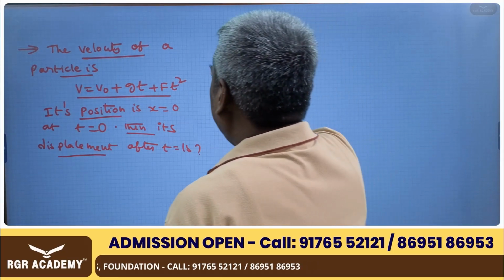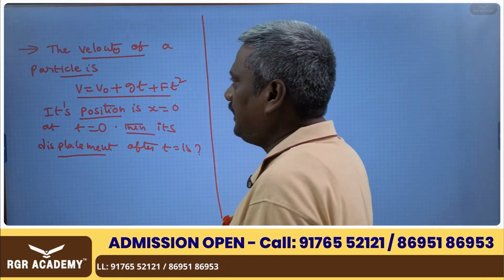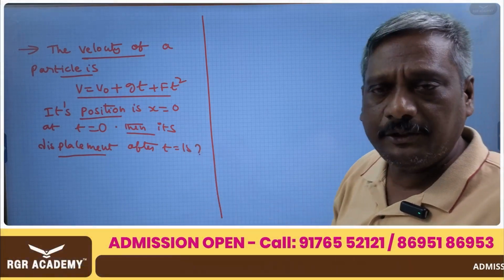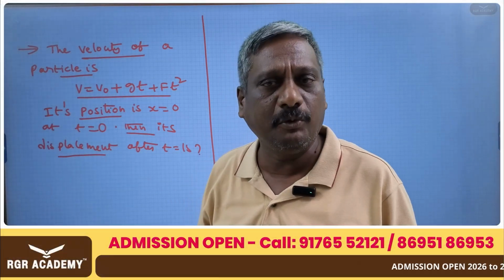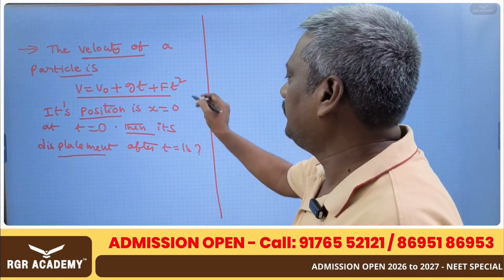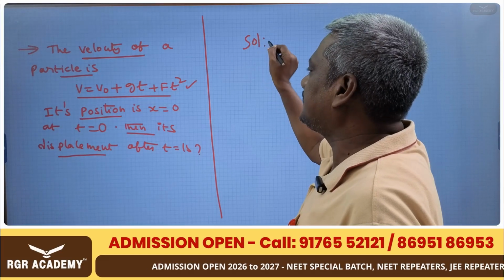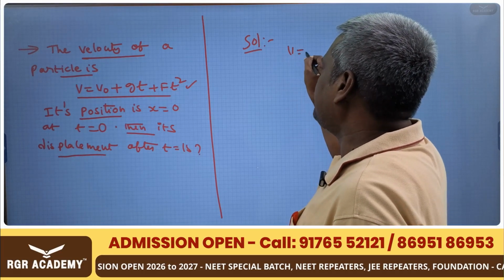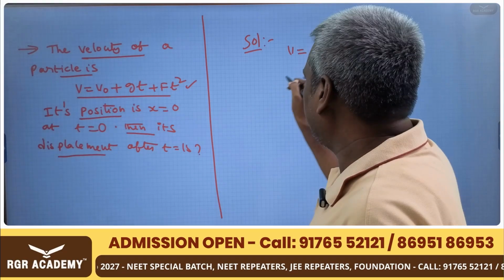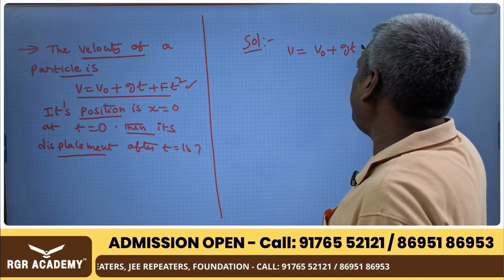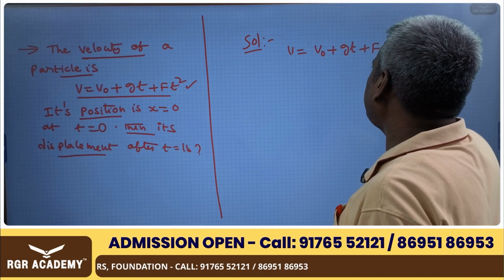Try to understand one more application: how can you apply the integral concept in motion in a straight line? The velocity of a particle is given like this: v is equal to v naught plus gt plus ft square.